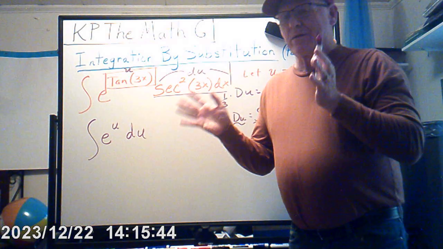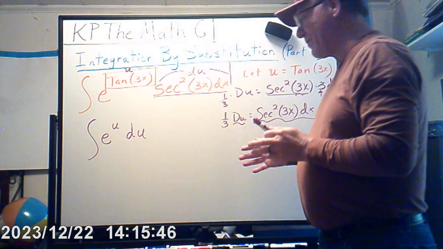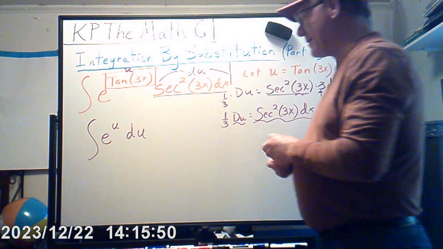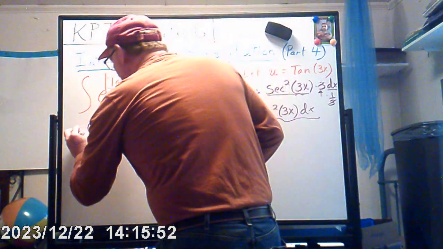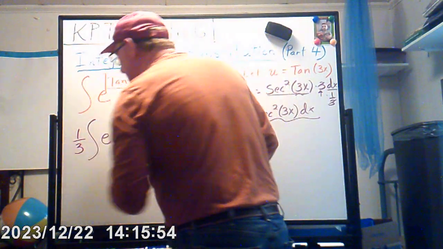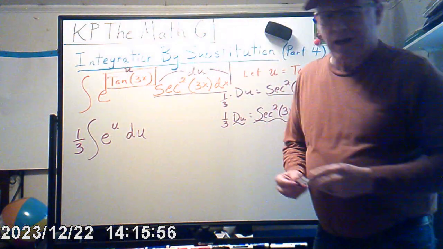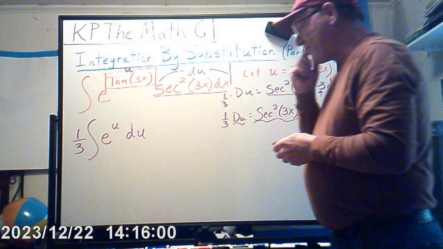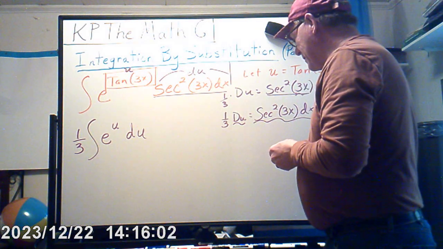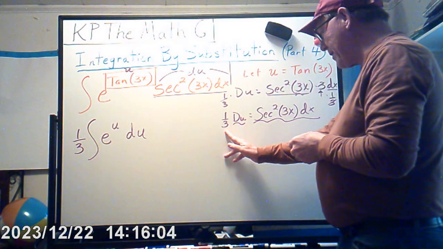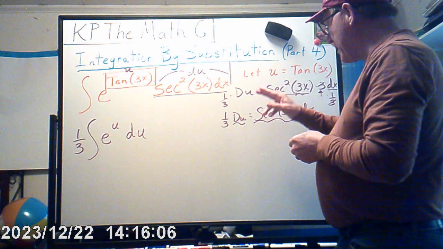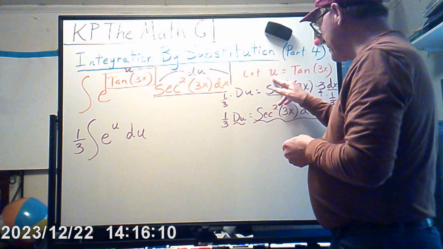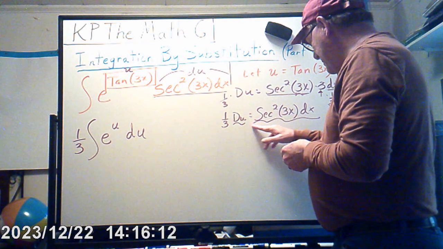In one of my previous videos, two videos ago, I left something out, and it's the same exact number, 1/3. So 1/3 goes out in front. Do not do like I did and forget that. So 1/3, e to the u, and then du.